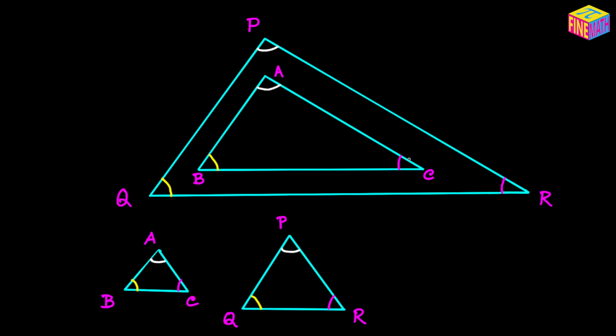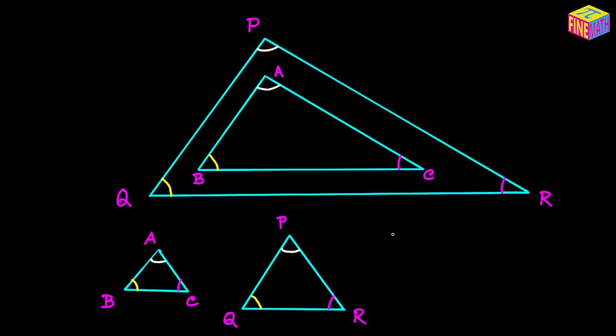Similarly, we compare angle C with angle R, and if they are equal, then, given that A and P are equal, both triangles are similar triangles, right?